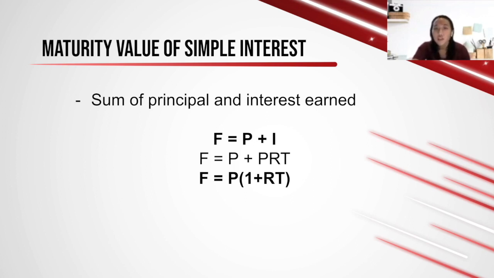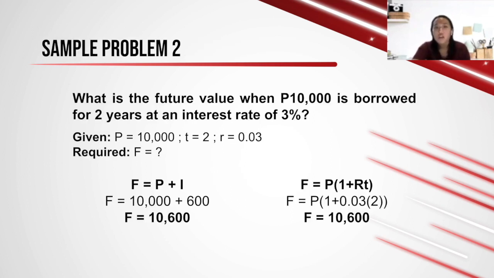Next, let's try to solve a problem about future value by going back to the previous question. So, what is the future value when 10,000 pesos is borrowed for 2 years at an interest rate of 3%? From the previous problem, we solved that the interest is 600 pesos, which gives us a maturity value of 10,600 pesos.